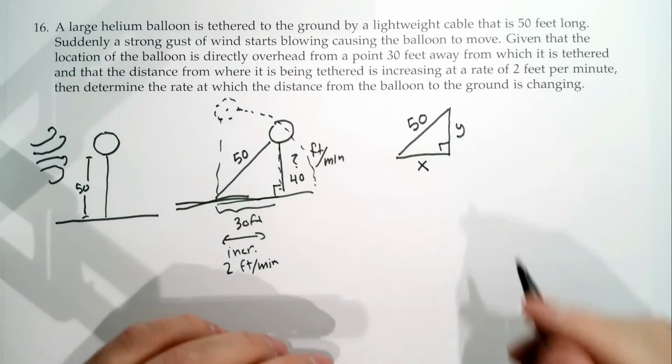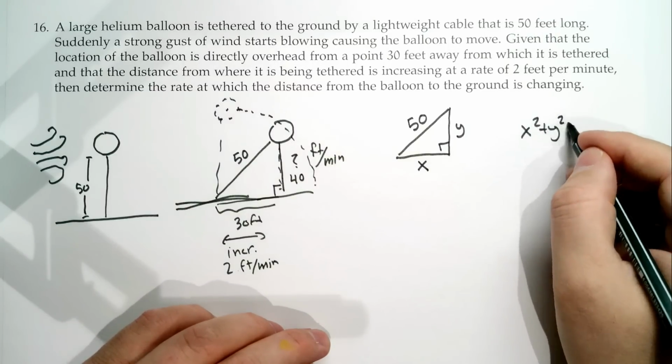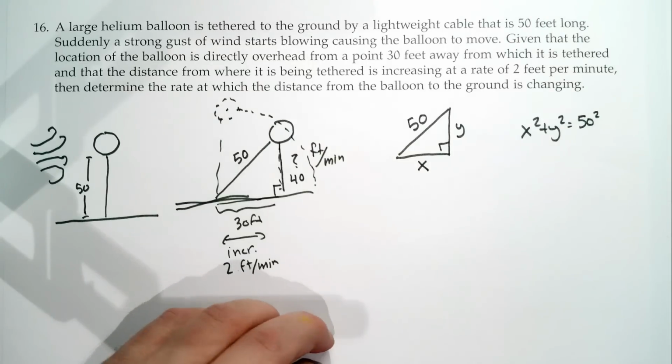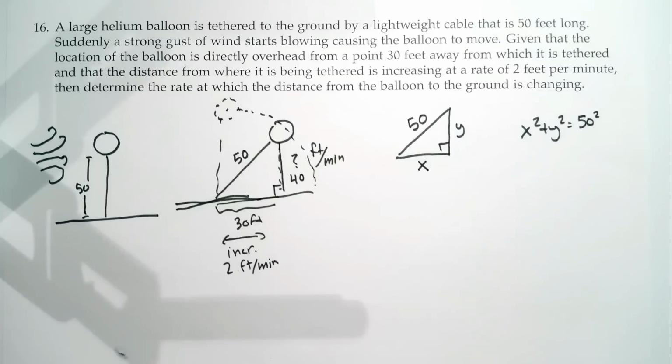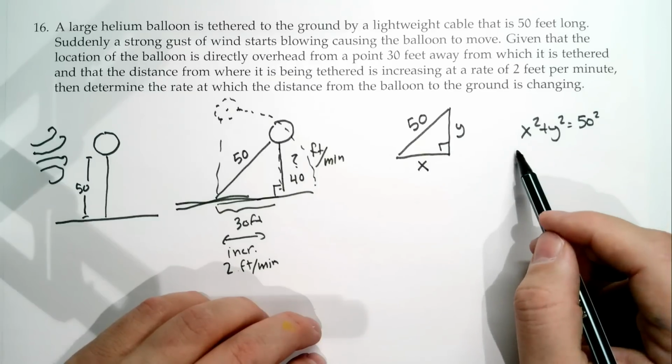Well, we look for a relationship, and a big one, Pythagorean theorem. x squared plus y squared equals 50 squared. So Pythagorean theorem, similar triangles, those are very common in related rates. Other things are things like shapes, maybe 2-dimensional or 3-dimensional shapes, a common thing. At this point, this is the relationship.